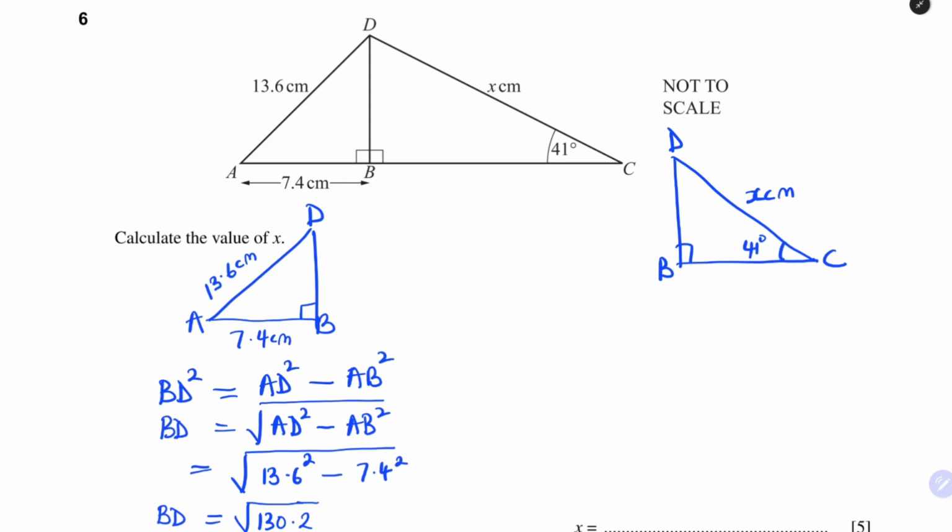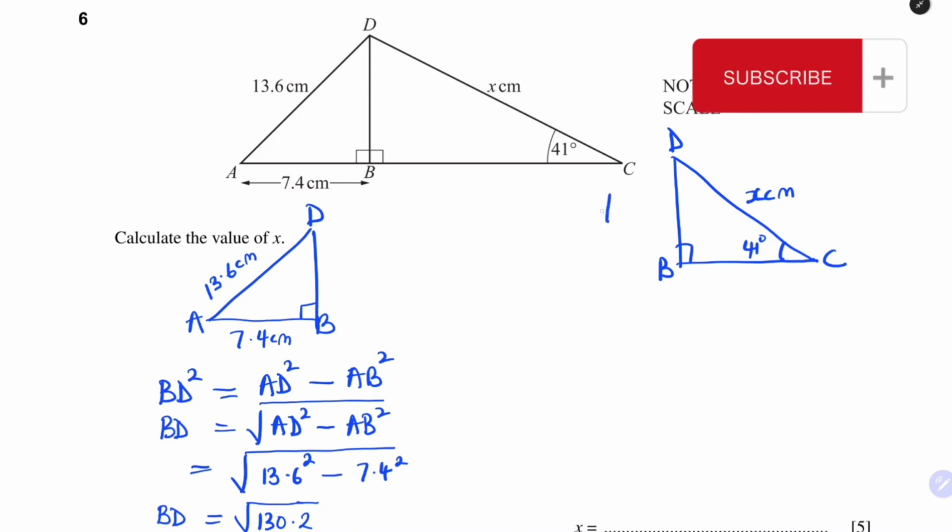Why am I not evaluating this completely? Because it's not my final answer. I don't want to run into the error of hasty approximation, so I'll leave my BD as that. Having found BD as the square root of 130.2, I'll transfer it over here. Square root of 130.2.